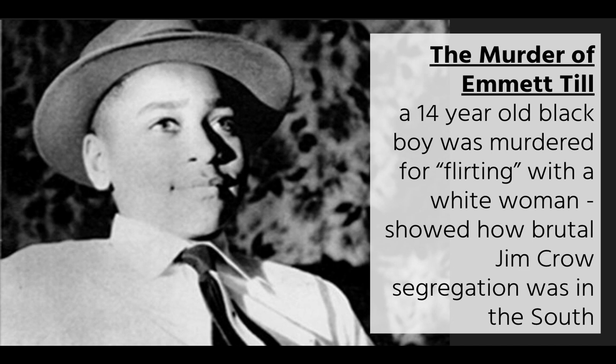It was a terrible murder, right? It was seen as super aggressive, inhumane, and quite disgusting. And so it really served to show how bad things had gotten, right? How absolutely brutal segregation was in the South. How these men got away with it. The all white jury let them go.